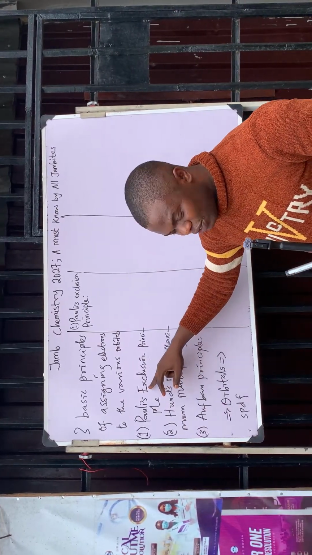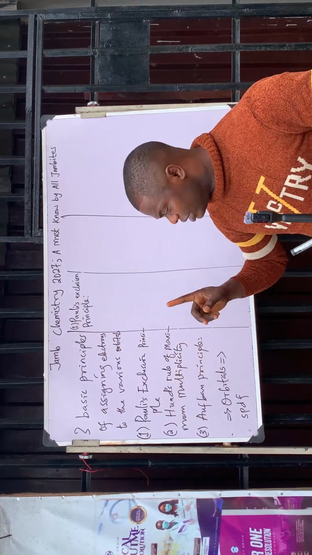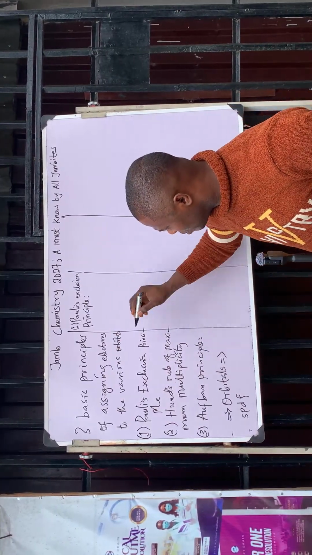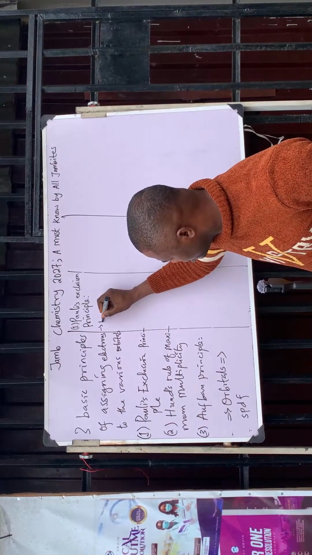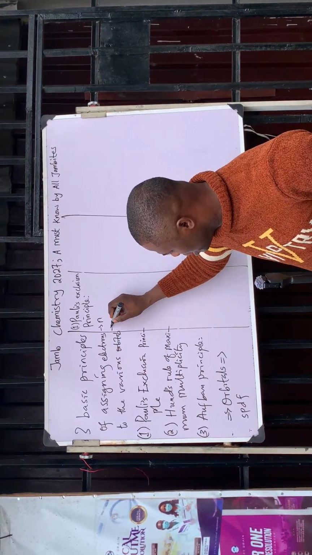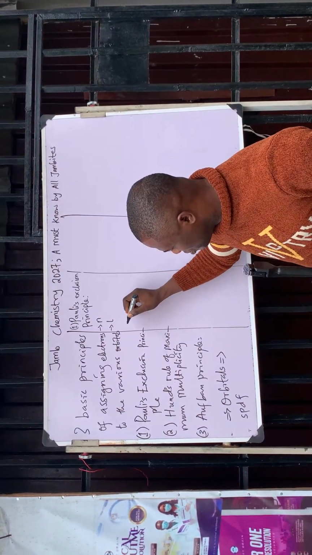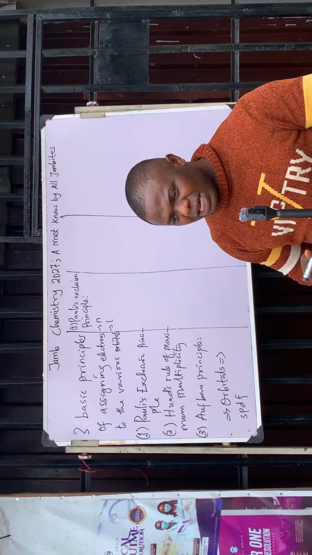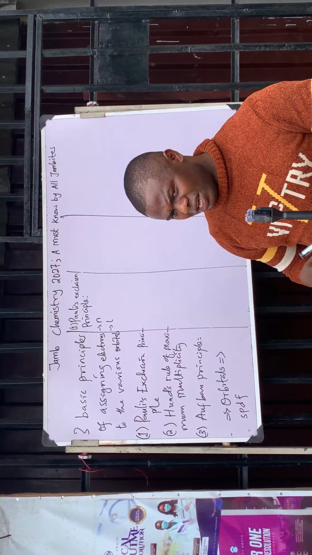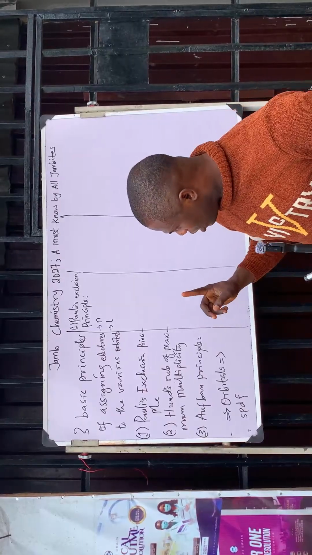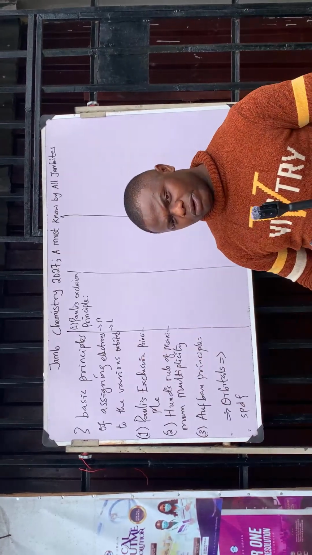The azimuthal is otherwise known as the subsidiary, secondary, or angular momentum quantum number.